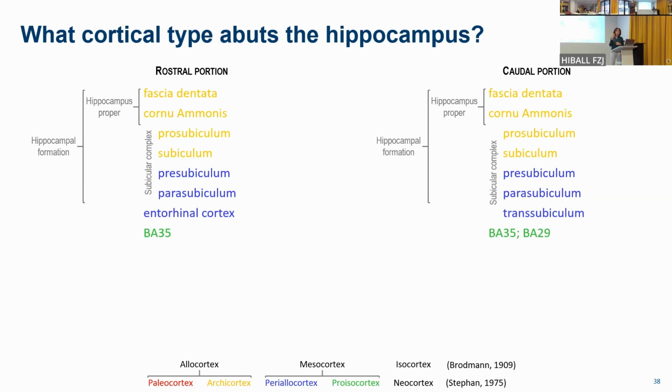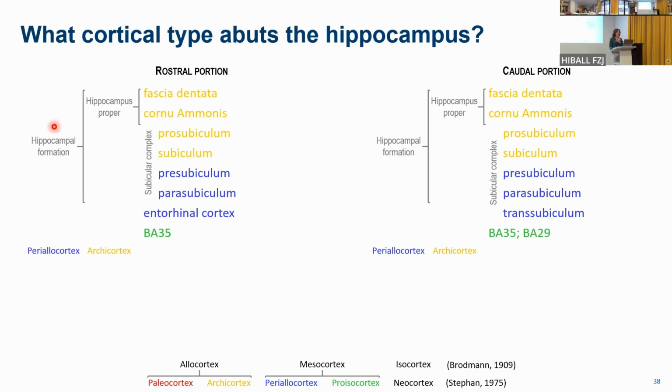So if you take the more conservative view, where you say that only the fascia dentata and the cornu ammonis build the hippocampus proper, and you think that the entorhinal cortex is not part of the hippocampal formation, then you would have to say that in the rostral portion, the hippocampus is adjacent to the archicortex, because it would be adjacent to the prosubiculum, right?